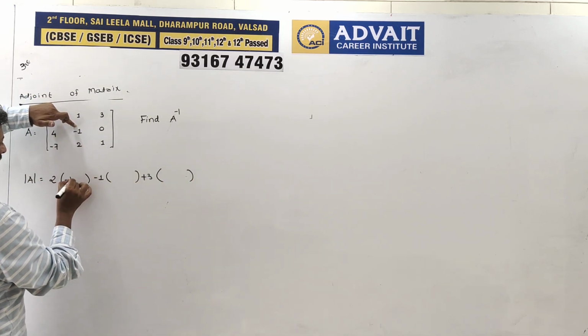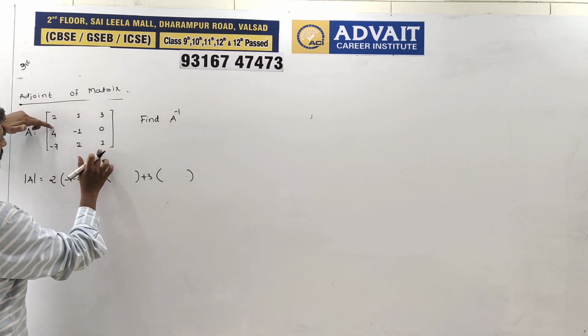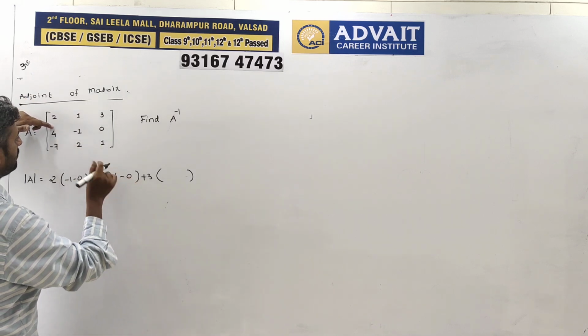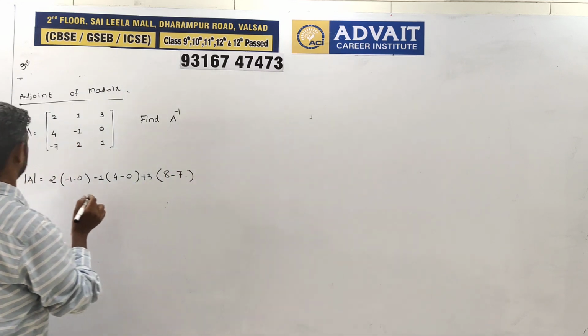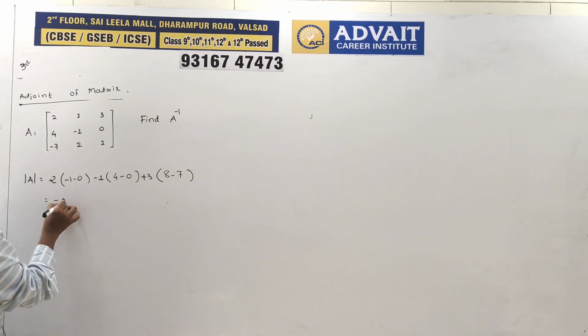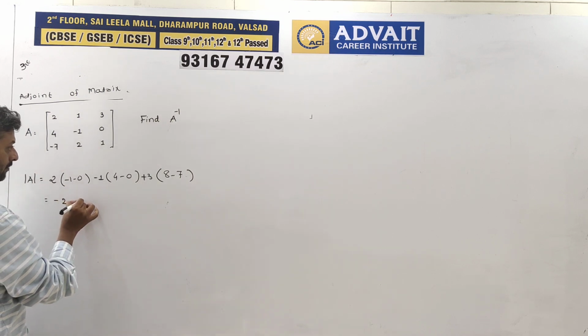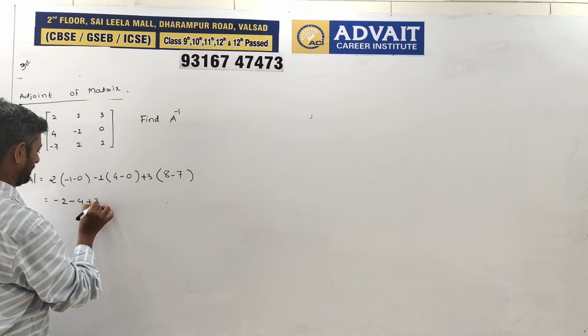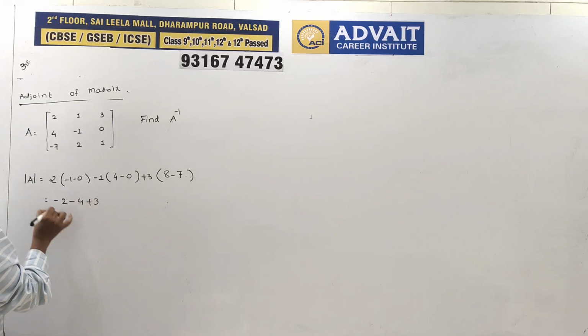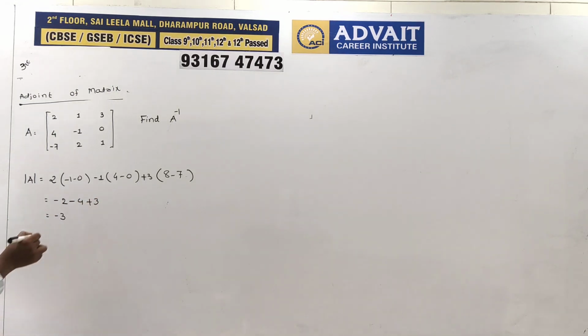Minus 1 minus 0. 4 minus 0. 8 minus 7. So this is minus 2 minus 4 plus 3. So the answer is minus 3, which is not equal to 0.